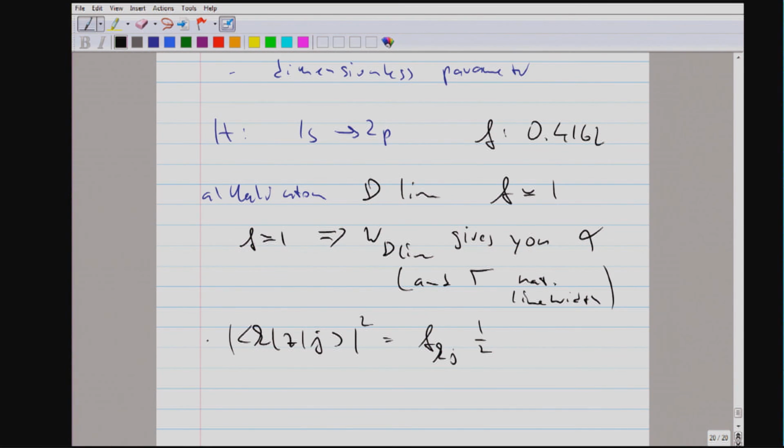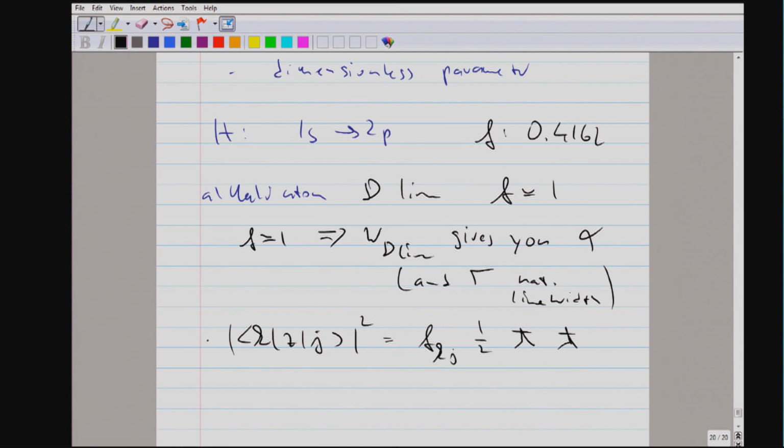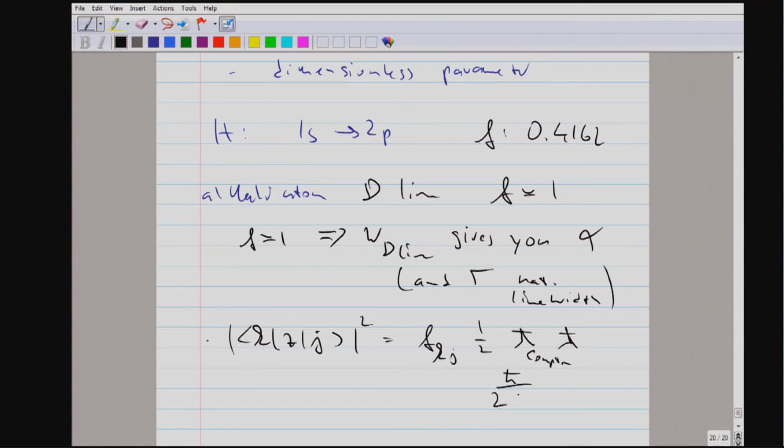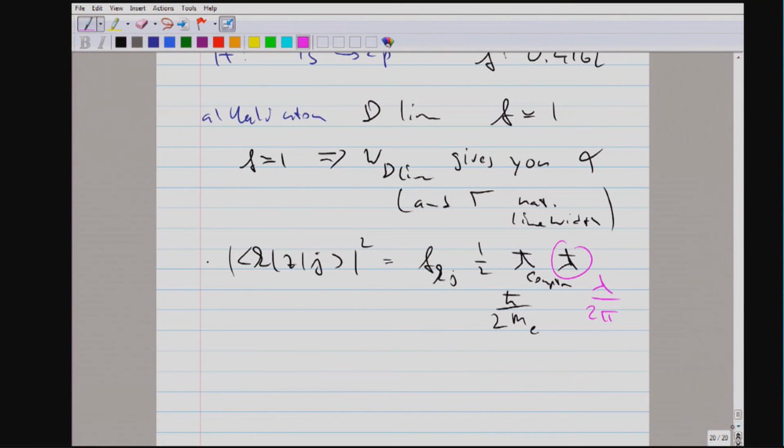And if you just go back and look at the formula, you find that this is now, well, this is dimensionless, so we need now, because the left-hand side is the length squared, we need 2 lengths. One is the Compton wavelength, which is h bar over 2 times the mass of the electron, and lambda bar is the transition wavelength lambda divided by 2 pi. So I haven't found it anywhere in textbooks, but this is my sort of summary of this.